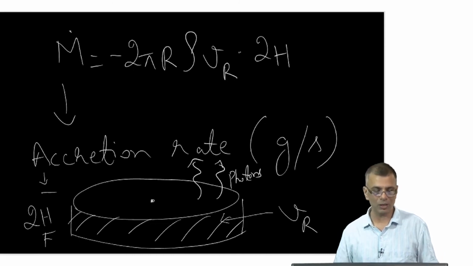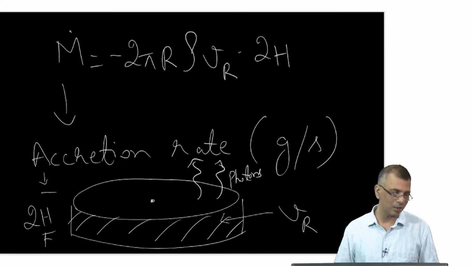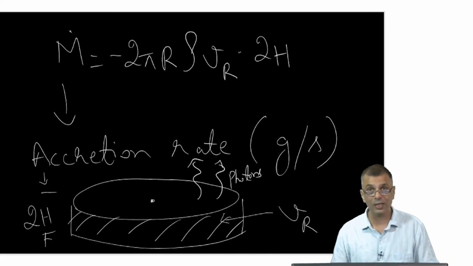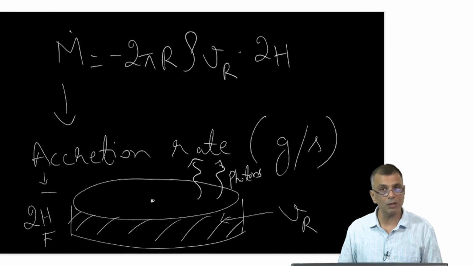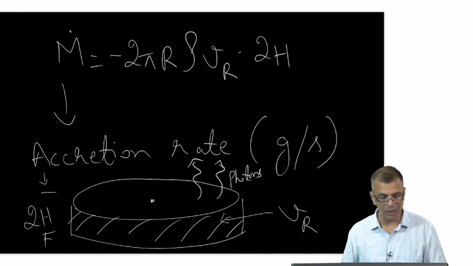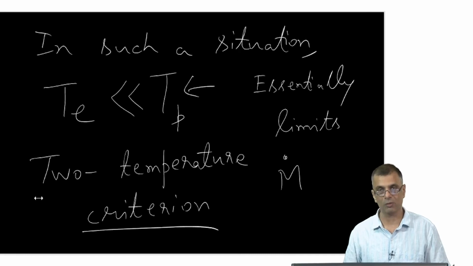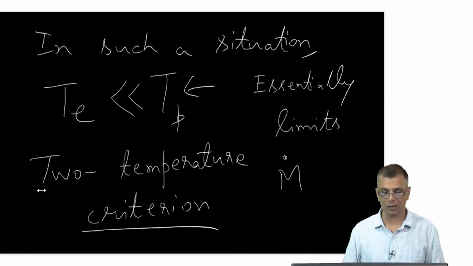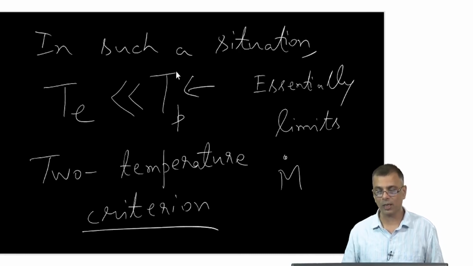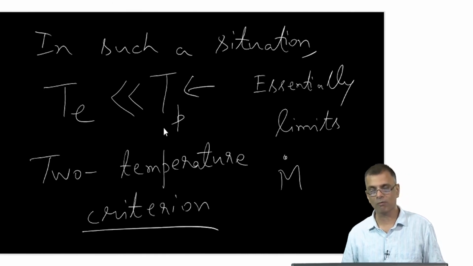Okay, and so the point I'm trying to make is that although we have been talking about accretion disk viscosity and how important it is to the entire accretion process, many times it becomes a slightly complicated situation, especially for plasma such as a two temperature plasma, and in situations where the proton temperature is very high, say in excess of about 10 raised to 11 to 10 raised to 12 Kelvin.